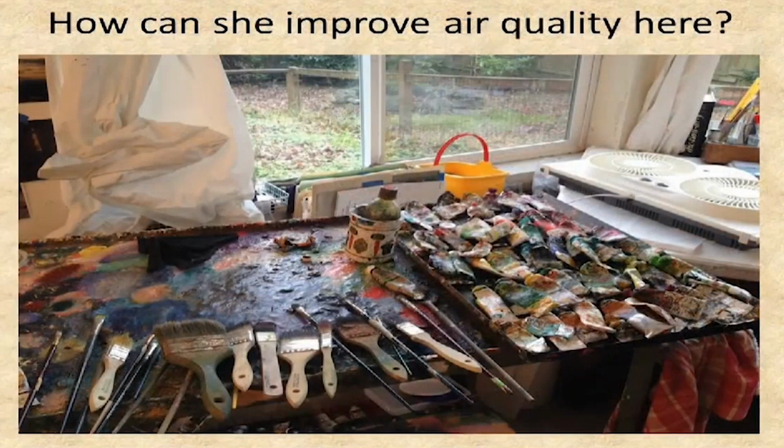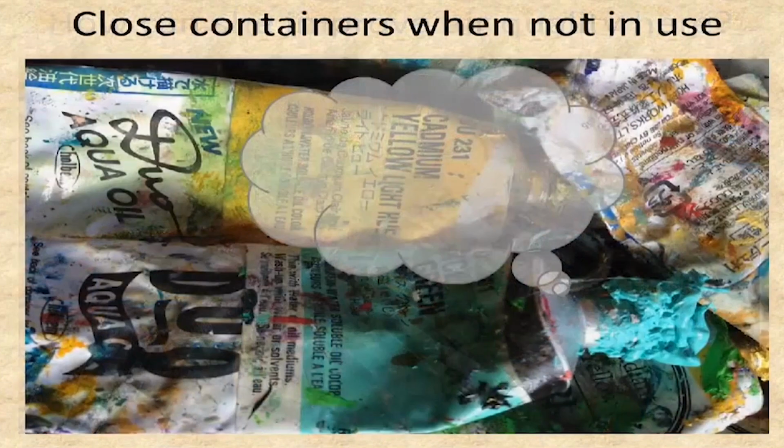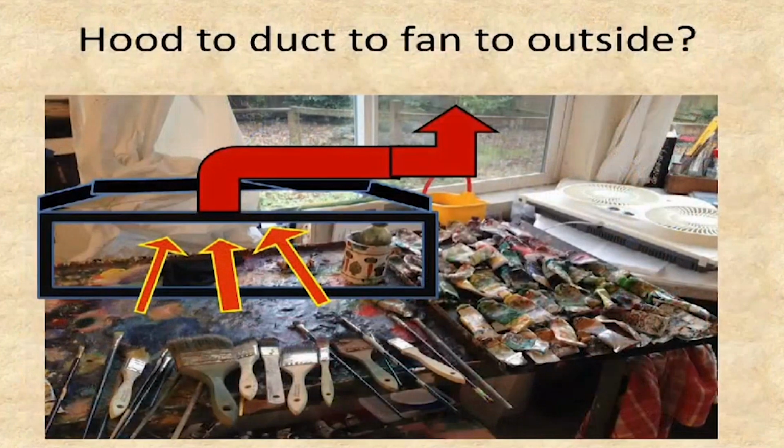So in this case, how could this artist improve her air quality? Well, she could close her containers when they're not in use. Another thing she could do is get a fan set up in that window with some type of hood over the area where she's working that still allows her to use her paints, but also pulls any of those evaporating vapors directly outside.